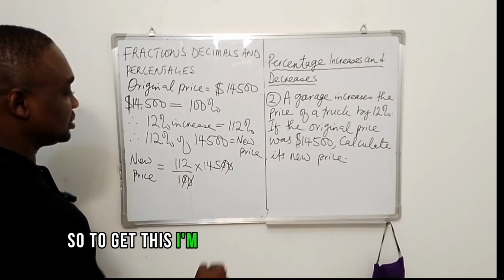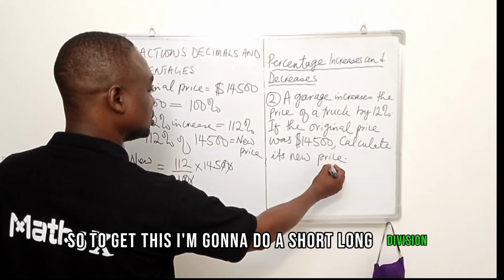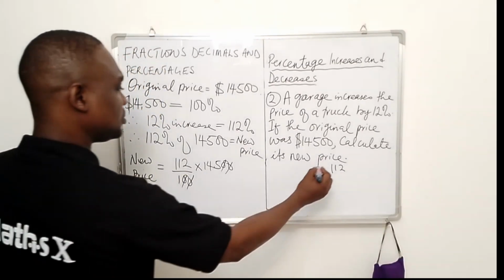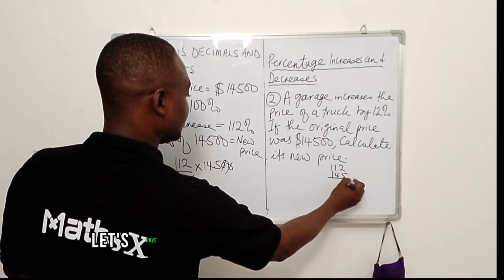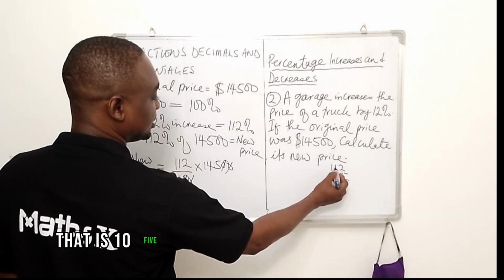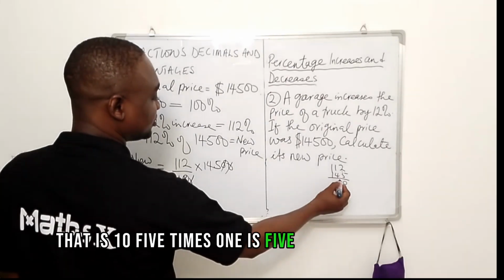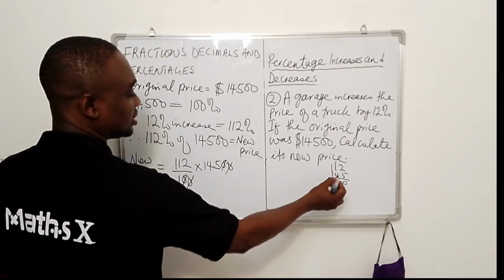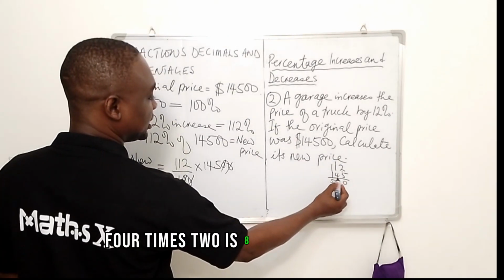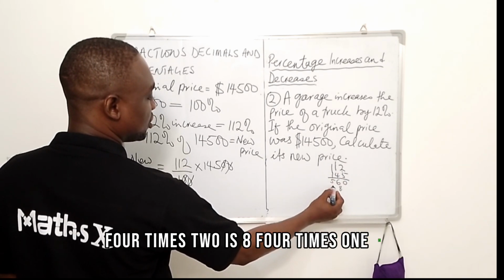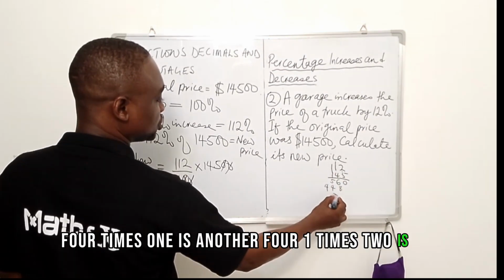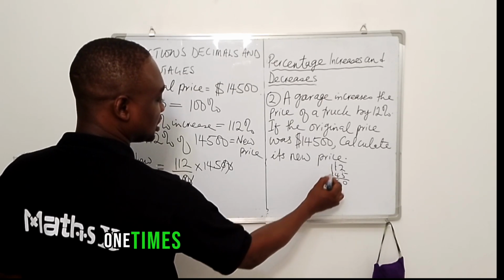So to get this, I'm going to do a short, long division, which is 112 times 145. Let's have some fun. 5 times 2 is 10. 5 times 1 is 5, plus that 1 is 6. 5 times 1 is 5. 4 times 2 is 8. 4 times 1 is 4. 4 times 1 is another 4. 1 times 2 is 2. 1 times 1 is 1. 1 times 1 is 1.